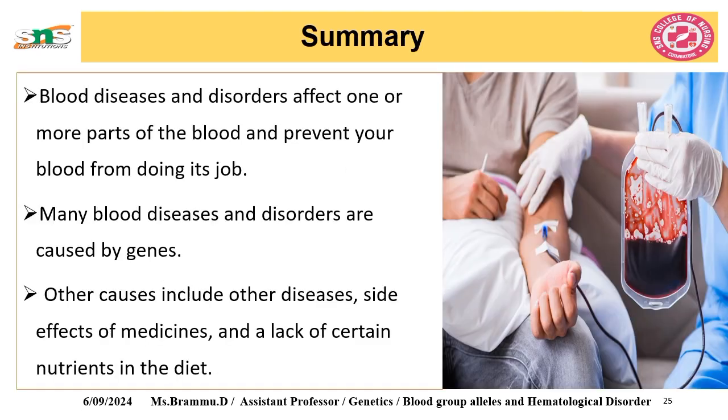So, to summarize the topic, so far we were seeing the major types of hemolytic disorders contributed by genetic factors. Blood diseases and disorders affect one or more parts of the blood and prevent the blood from doing its job.